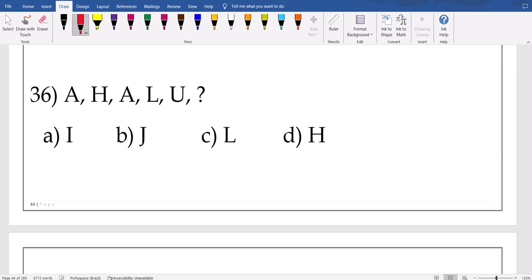Odd number, odd number, odd number. Even there are a lot of options.